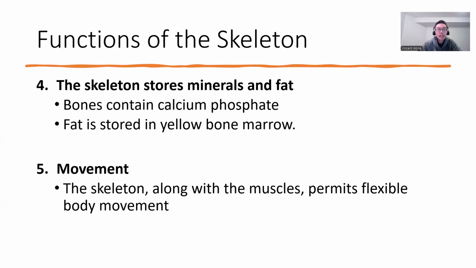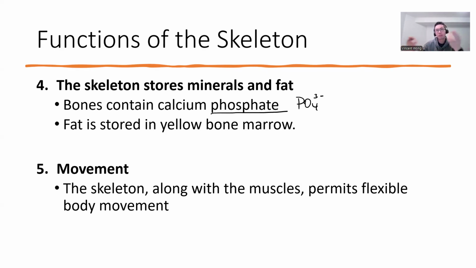Number four, the skeleton is useful for storing minerals and fat. You probably are aware that we store calcium in the bones, but actually, phosphate is another important thing that we store.